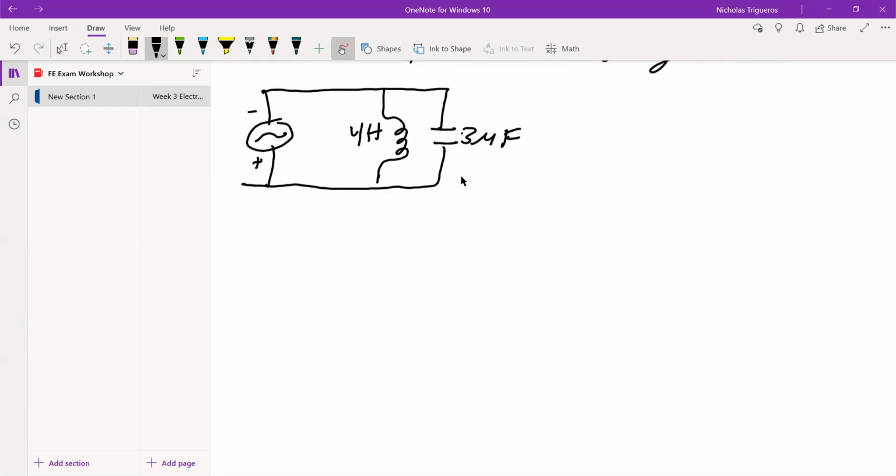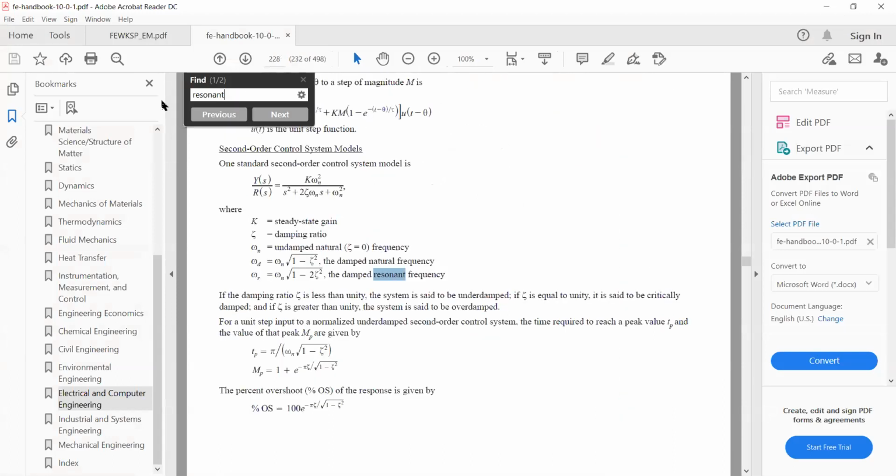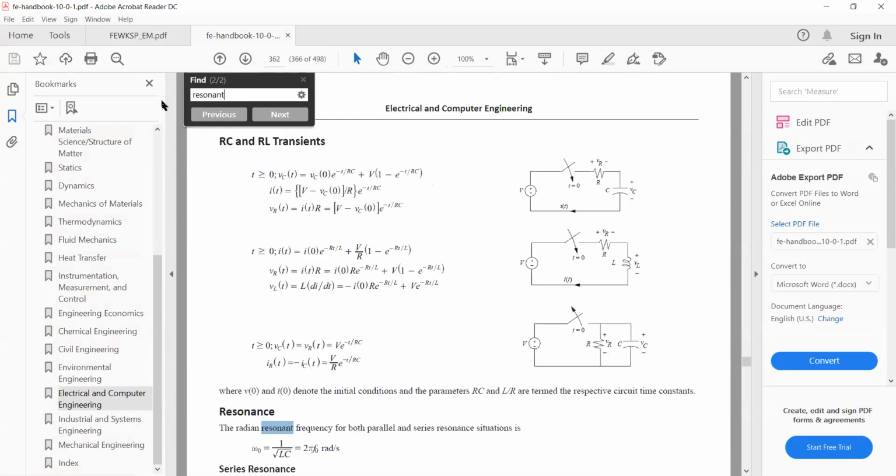Let's see first if we can find anything in our FE handbook. Let's look up resonant frequency, see if that's a thing. Resonant. Oh, got 1 and 2. The radian resonant frequency, for both parallel and series resonant situations is that.